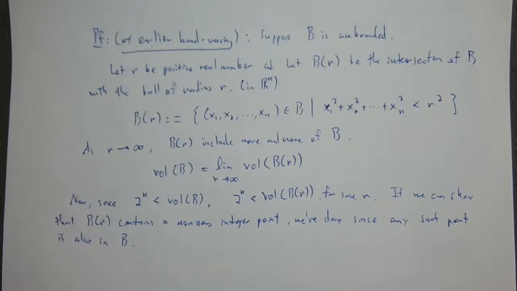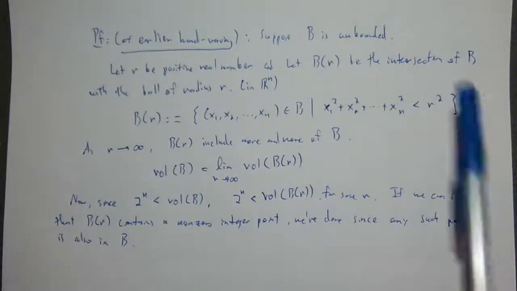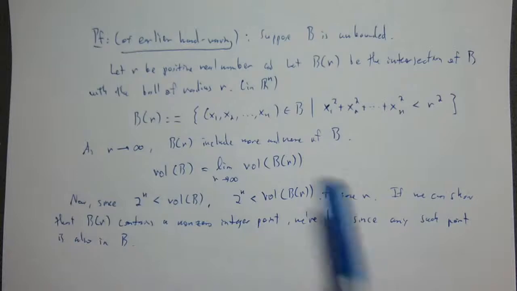The canonical bounded set to deal with is an open ball of some positive radius centered at the origin. So you intersect your potentially unbounded set with these open balls to get a bounded set that has the properties that you're looking for.